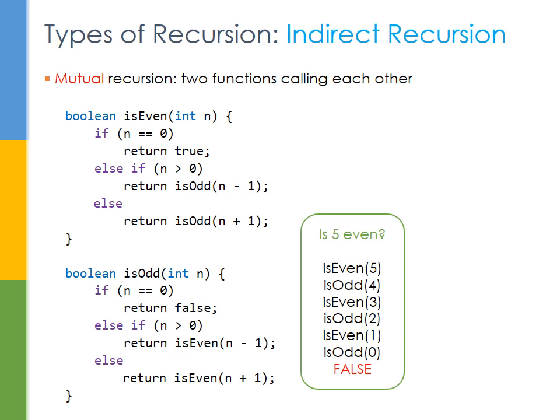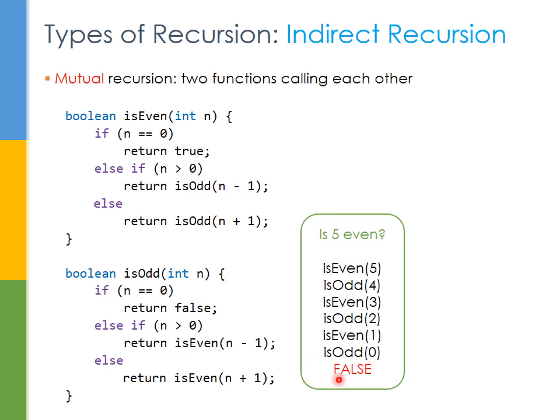So now we've reached our base case, and this is in the is odd function over here. We've reached a situation where n is in fact 0, and therefore we will return false. So what this means is our series of calls over here have resulted in finally an is odd call with a parameter of 0.